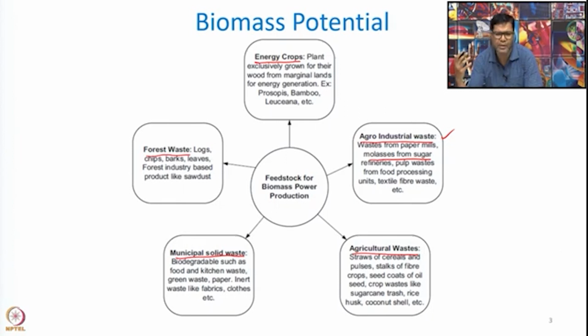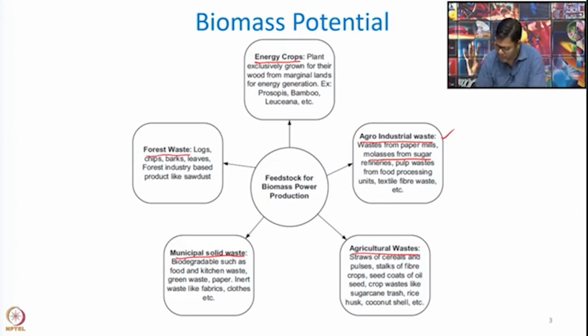So these are waste or byproducts from industries using agro products, which can also be used for some useful purpose, some energy recovery or chemical recovery. And this particular module of the course will discuss how we can recover hydrogen from this waste biomass.